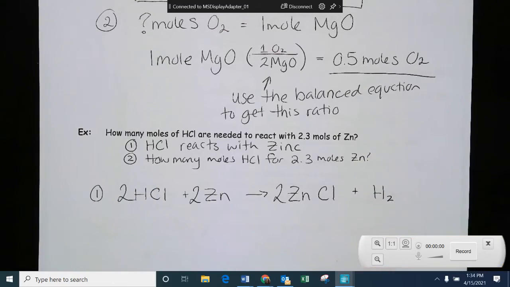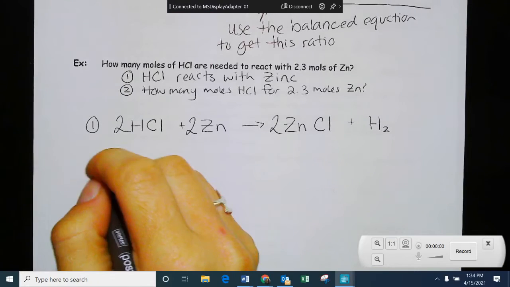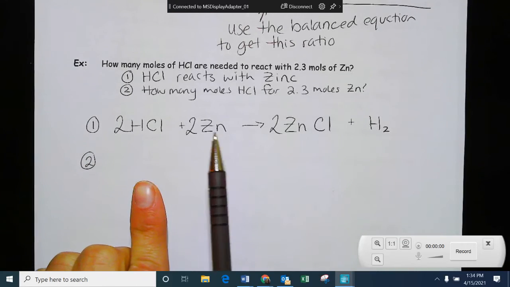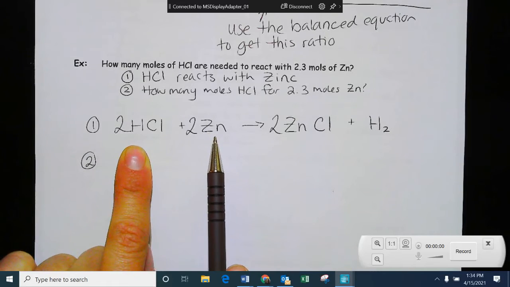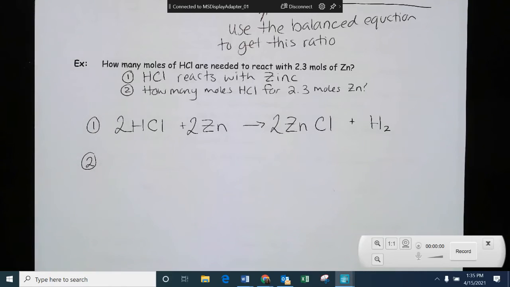So for that second part, we're going to need to use the ratio of zinc to hydrochloric acid that we found up here. What is the ratio of zinc to hydrochloric acid, you guys? Yeah, it's 1 to 1.